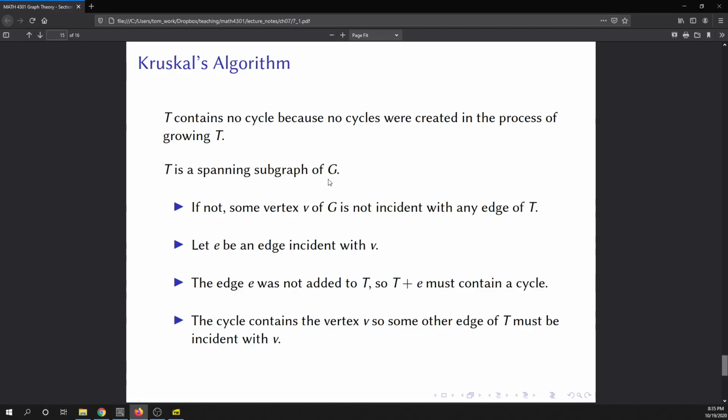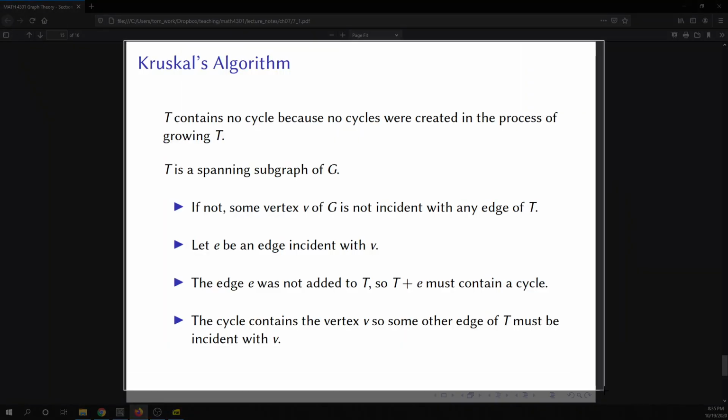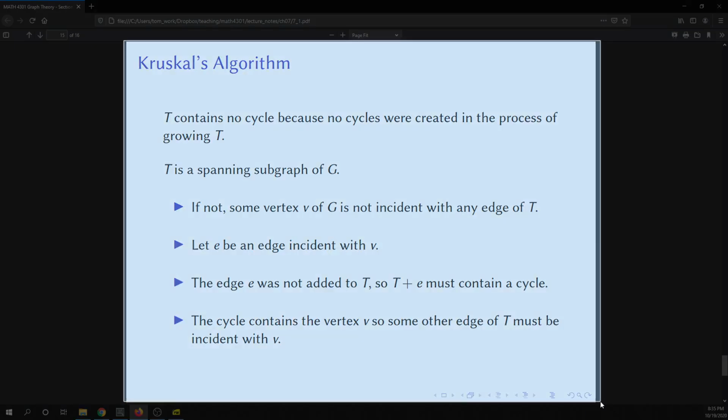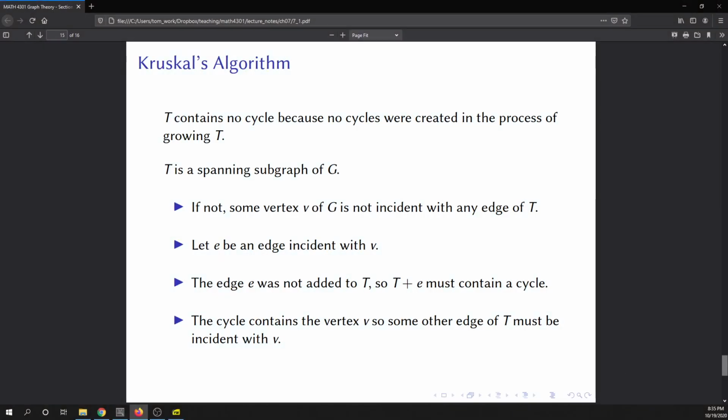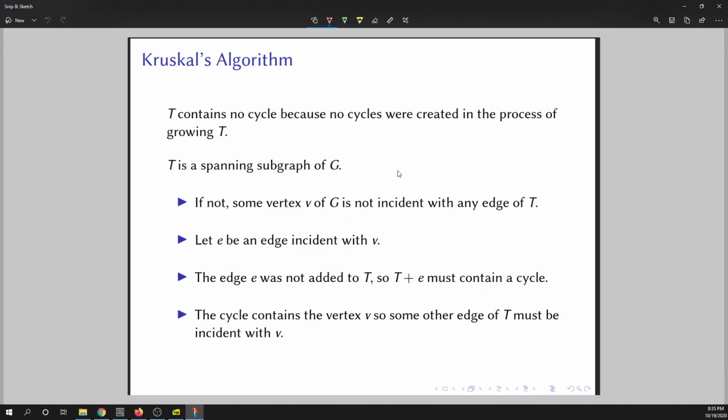So here I want to draw a picture, so let me see if I can just draw a small picture here as we go through this. Okay, so here we're going to prove that T is a spanning subgraph of G, the graph that we get as a result of Kruskal's algorithm.